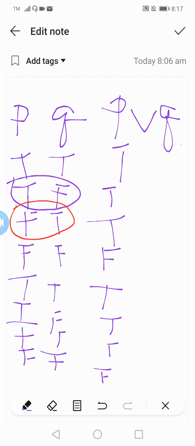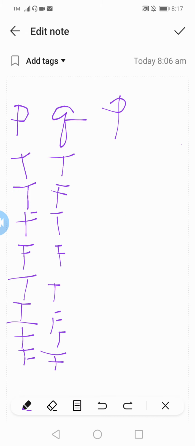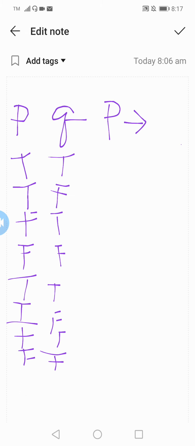Next, we have also the implication. So when we say implication, this is actually the if-then statement. All right? So we are using the symbol like this. If P, then Q. Okay? If P, then Q. So, for the rule of implication, which is the if-then form, using this arrowhead going to the right, the first statement, which is the P, is called the hypothesis, or we also call it the antecedent.